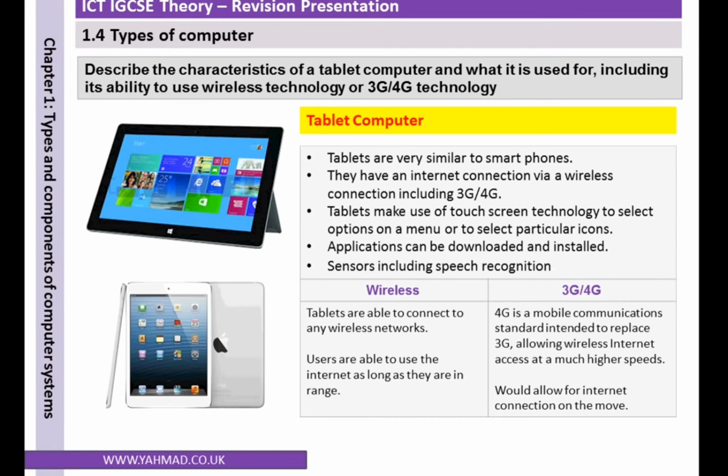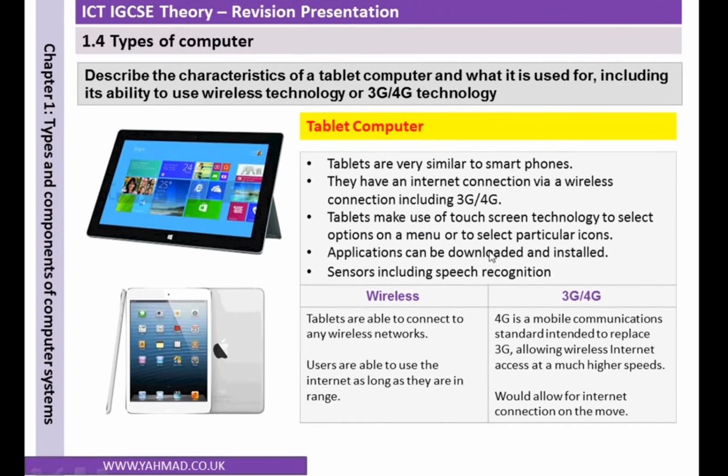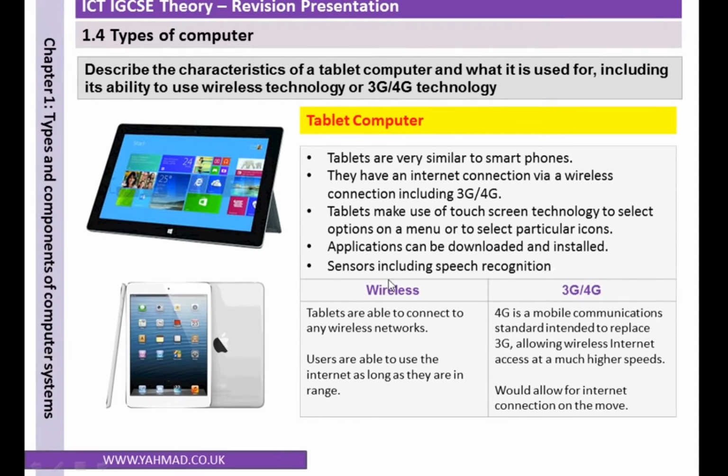Okay, so the tablet computer. Very similar to the smartphone, they can connect to the internet via a wireless connection. Tablets make use of touchscreen technology to select options from a menu. Applications can be downloaded and installed. Sensors including speech recognition. So tablets are able to connect wirelessly.